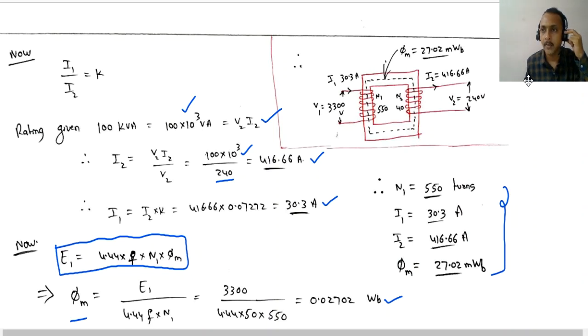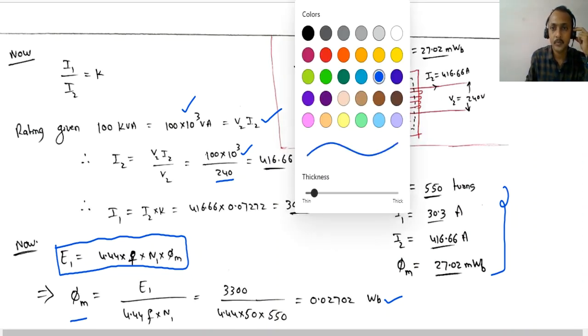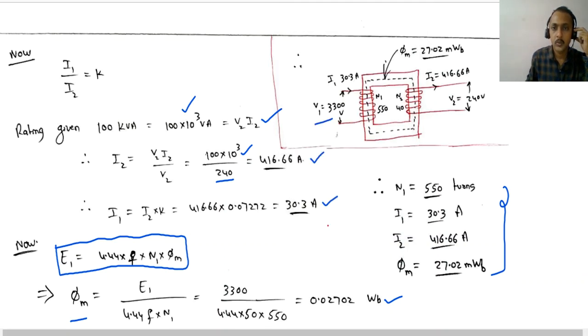Dear student, observe this, all these things we have drawn in the form of a diagram. V1 is 3300. The current flowing through the primary, N1 550, N2 40 turns.